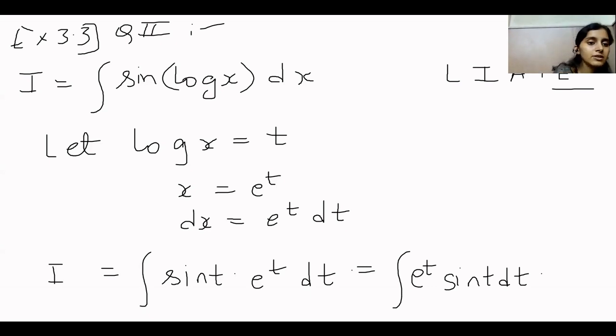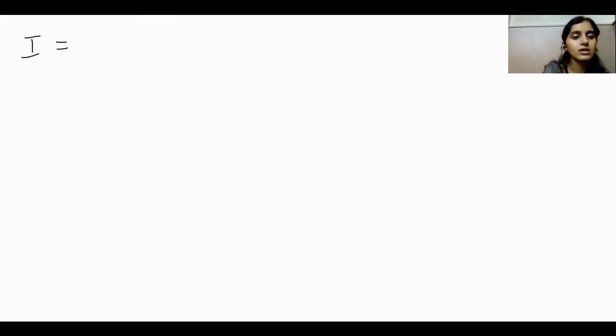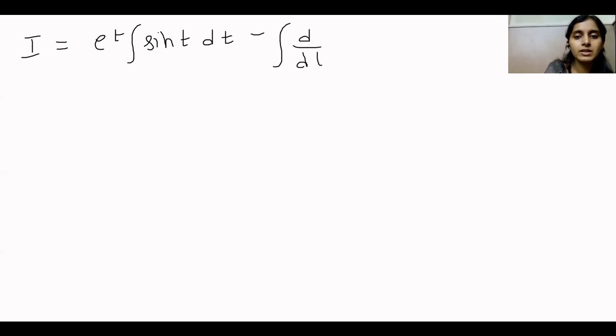So I'll use the uv dx rule over here. First term as it is integral sine t dt, minus integration d by dt of e raised to t, integral sine t dt.